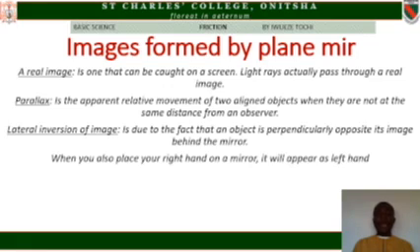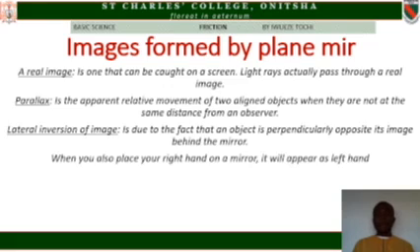So lateral inversion is due to the fact that an object is perpendicularly opposite its image behind the mirror. When you place your right hand in front of a mirror, it will appear as a left hand. So that is one of the examples of lateral inversion of image.